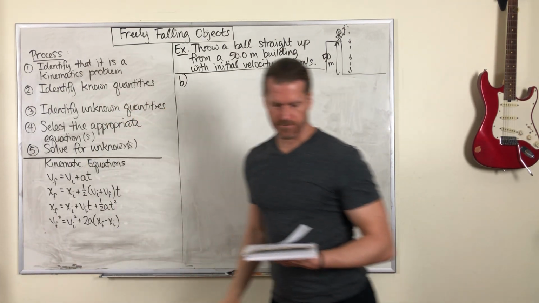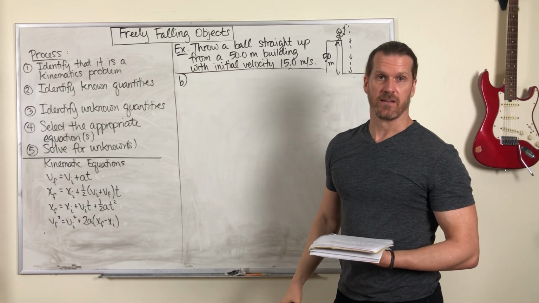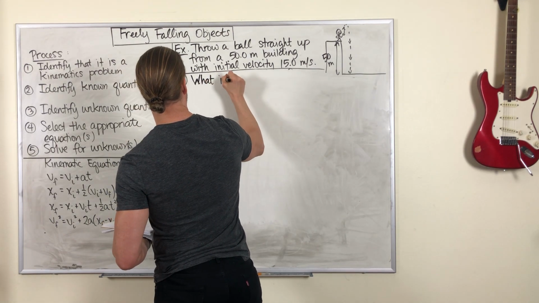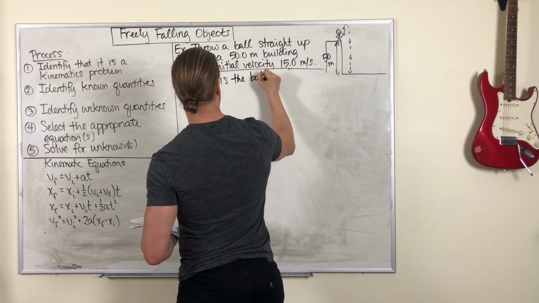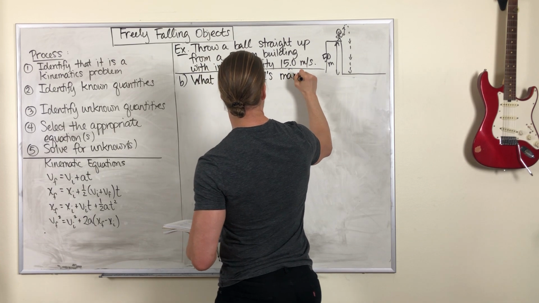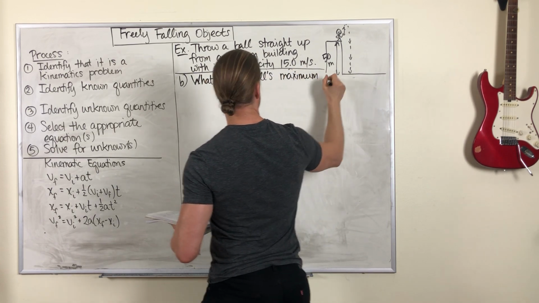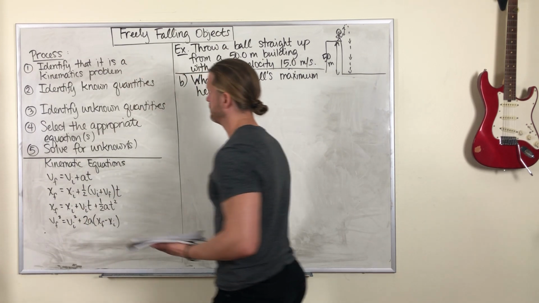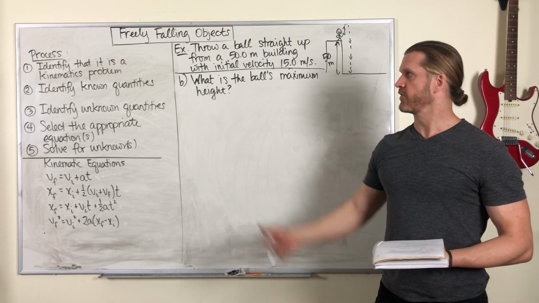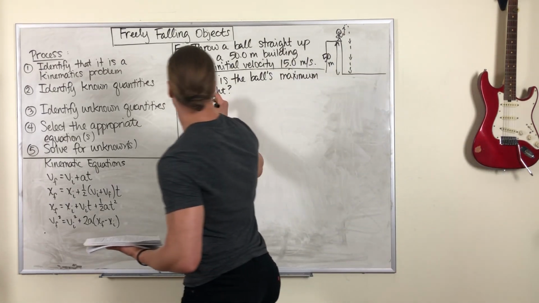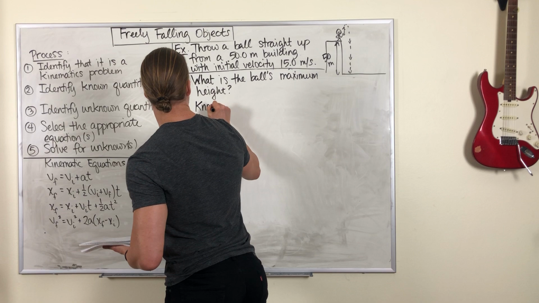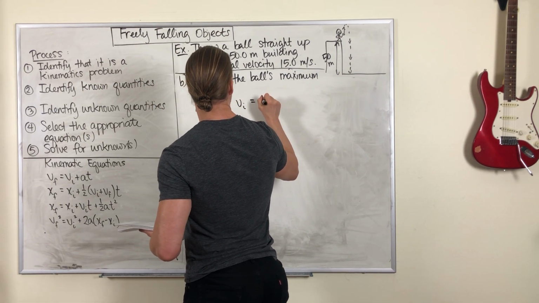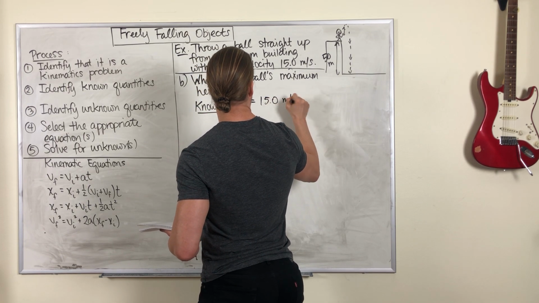Part B. What is the maximum height that the ball achieves? We'll keep using our process. Here's what we know. The V initial, 15 meters per second.